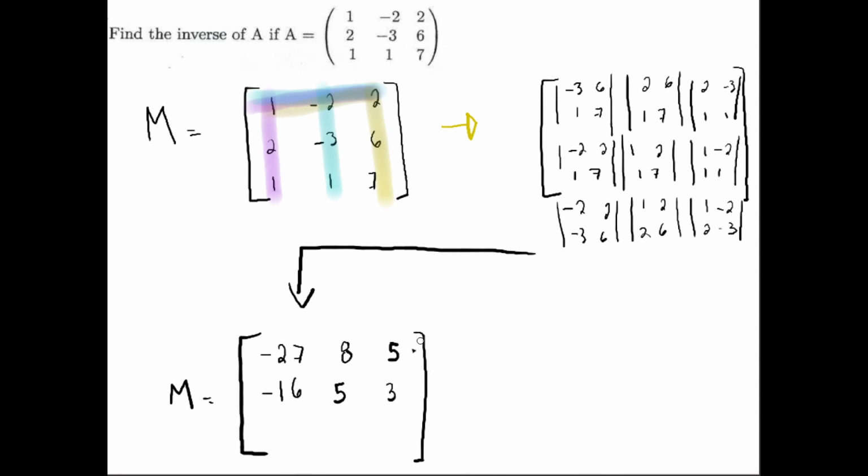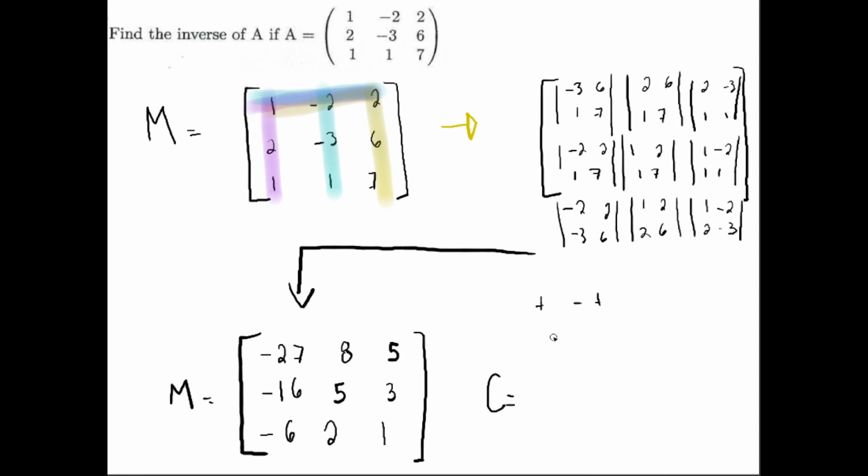So negative 12 minus negative 6 is negative 6. 6 times 1 is 6. 6 minus 4 is 2. Let's see, negative 3 times 1 is negative 3 minus negative 4. So I have 1.